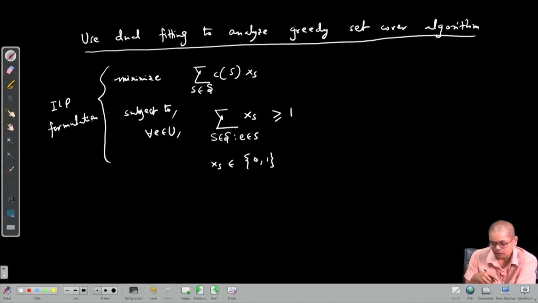What we do next is look at its linear programming relaxation.